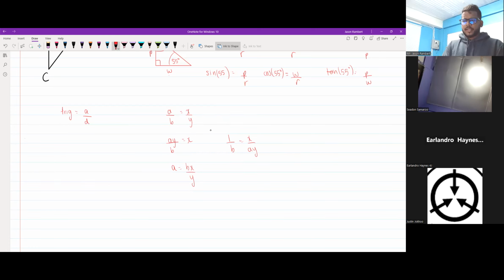So if I had something like this, sine of 24 is equal to A over 16. Let me start simple. This could be a potential equation we could get from a triangle.